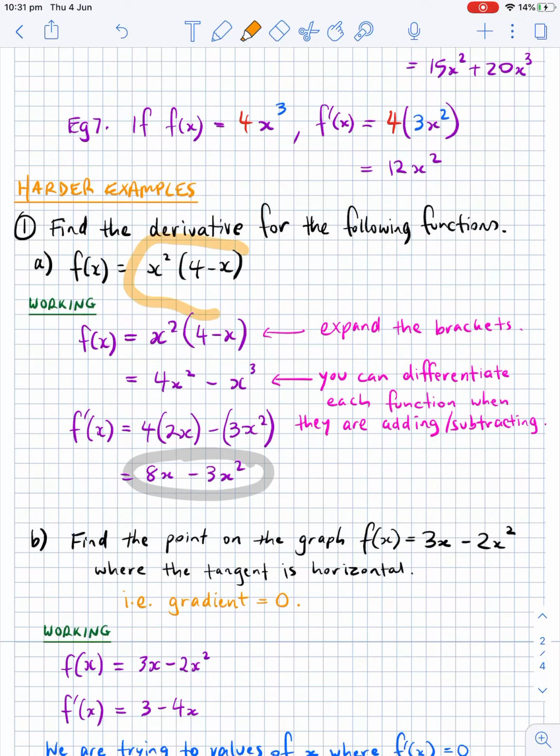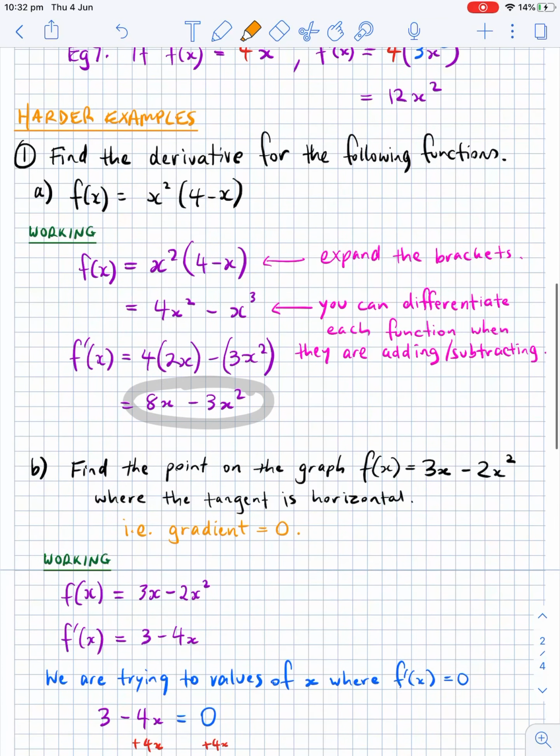Now the idea is, if we look at this function, we've got an expression here, x squared, and we've got an expression here as well, and they're multiplying, which is a problem. But if we expand the brackets, suddenly the multiplying turns into just subtraction. So if we expand these brackets, we get 4x squared minus x cubed, and subtraction is okay. It's similar to plussing.